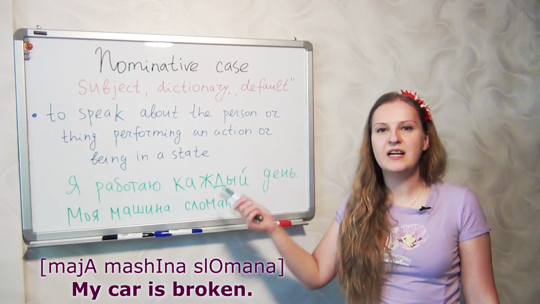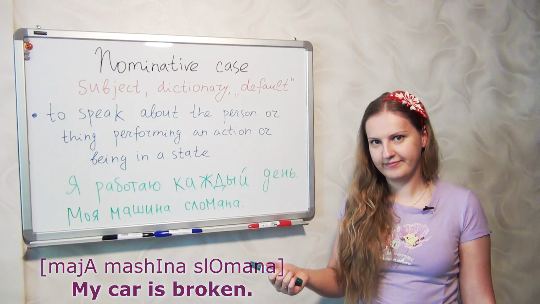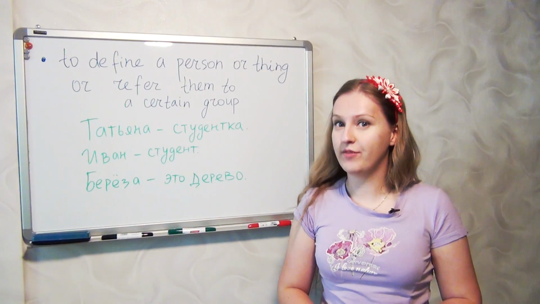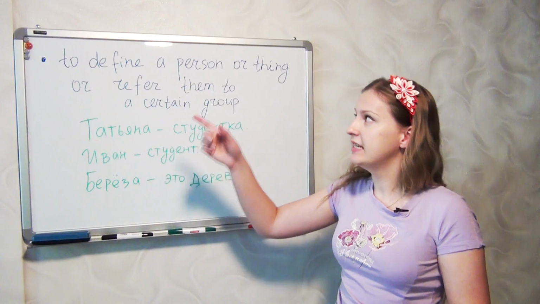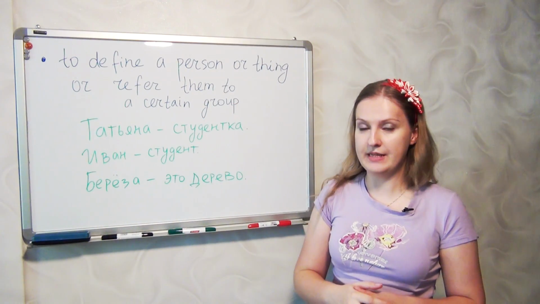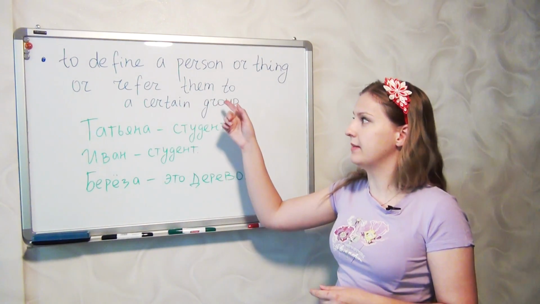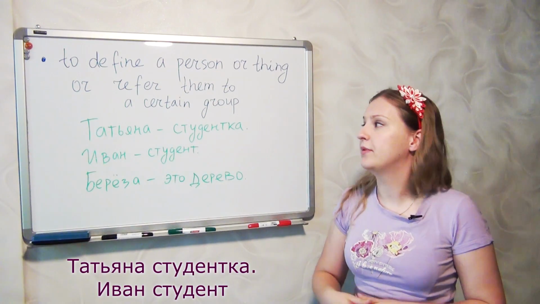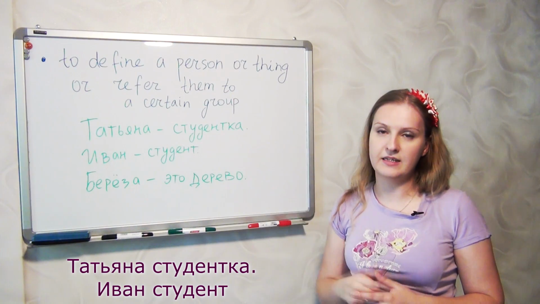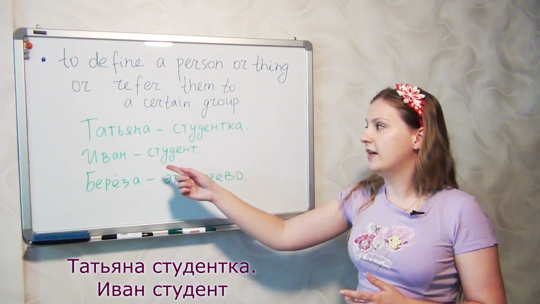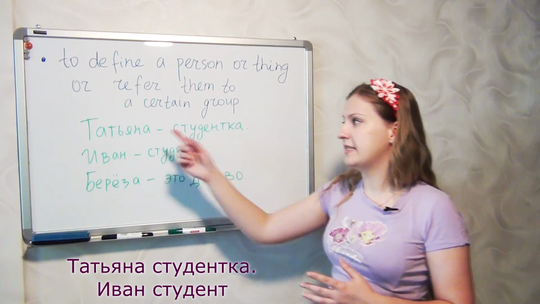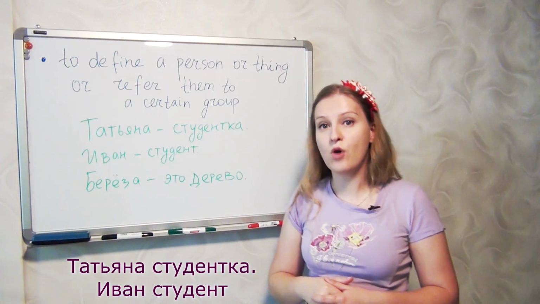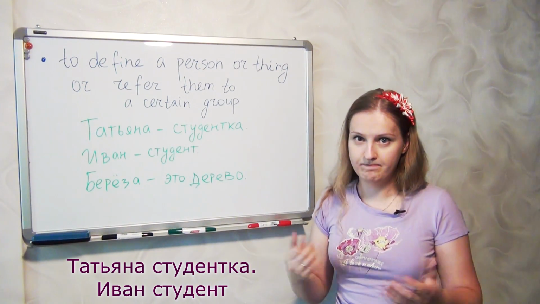The second function of the nominative case is to define a person or thing, or refer them to a certain group. Let me give you a couple of examples. Татьяна – студентка. Иван – студент. Tatiana and Ivan are both proper names of people.